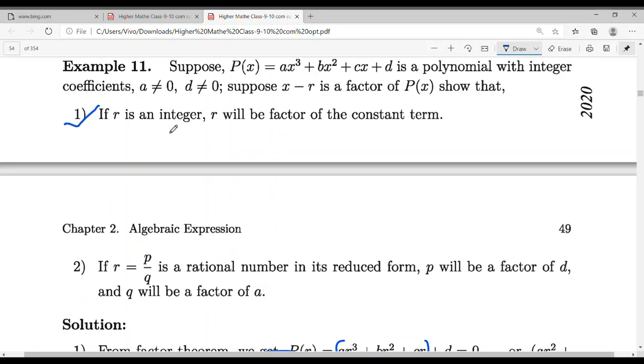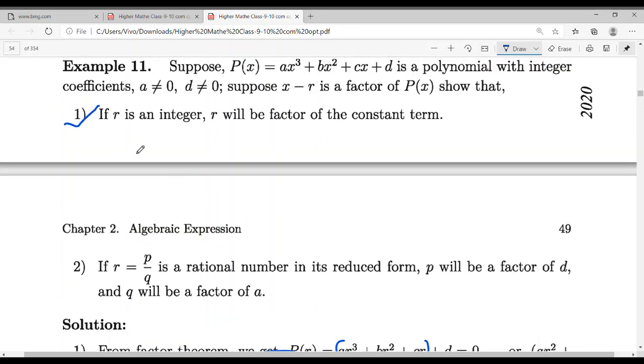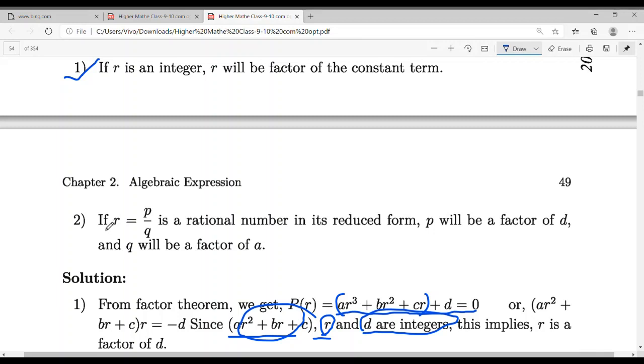And secondly, if r is of the form p by q, a rational number. If r is an integer, then r will be a factor of d, and if r is a fraction, a rational number of the form p by q, and p by q is in reduced form, that means here p and q are co-prime.